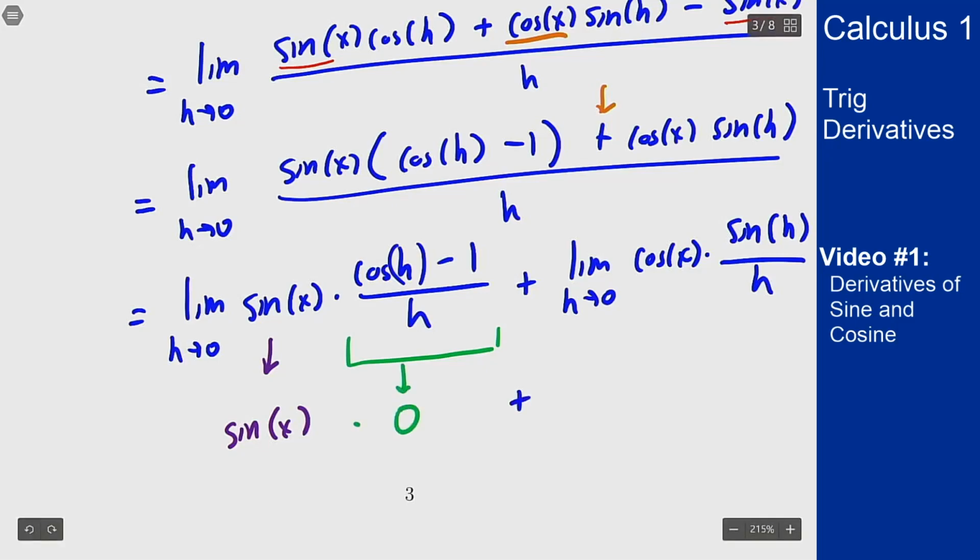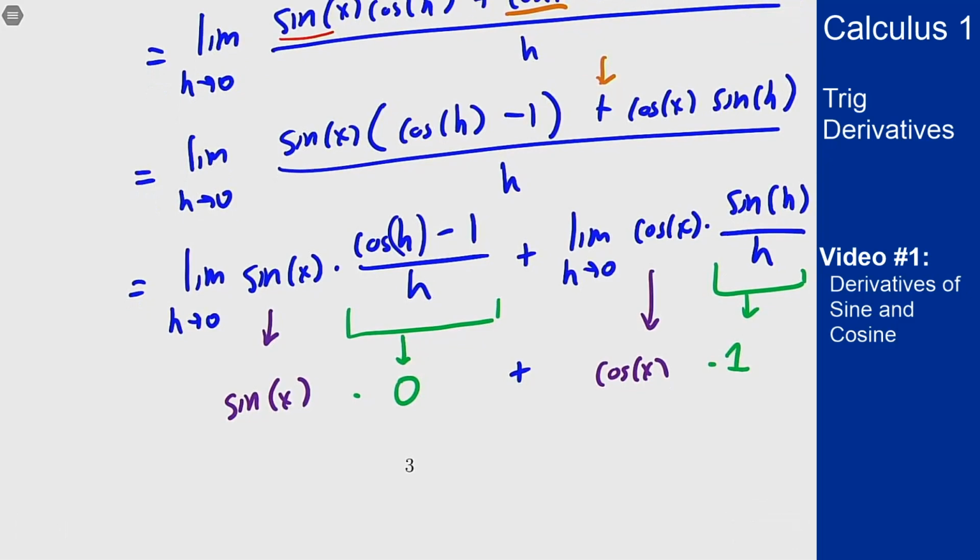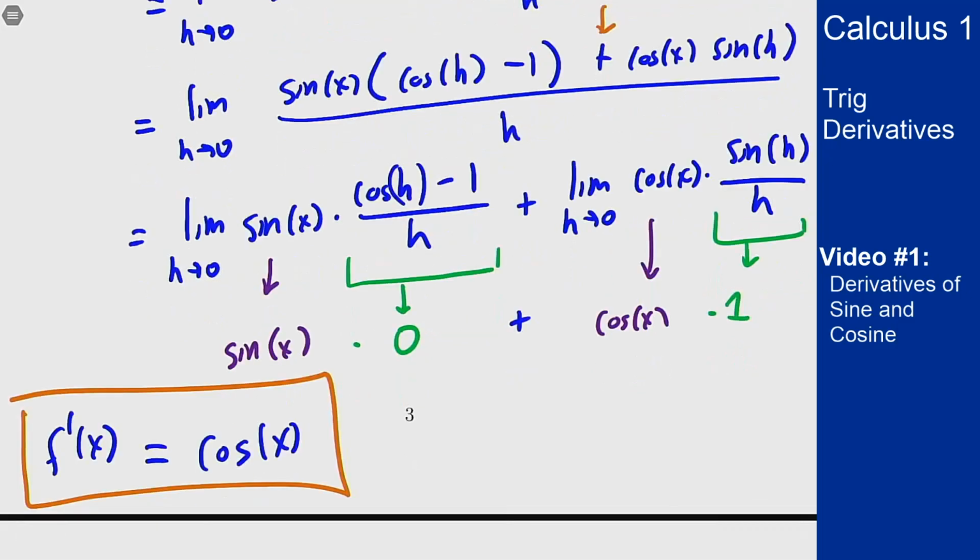Plus our second set of terms, we have this cosine of x. That does not depend on h, so that's going to go to cosine of x, no big deal. And the limit as h goes to 0 of sine of h over h, that's our other trig limit, that goes to 1. Simplifying all of this out, I have sine of x times 0 plus cosine of x times 1. This equals cosine of x. That's how we get that this derivative should be cosine from the definition.